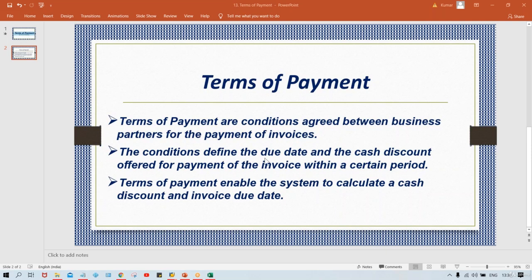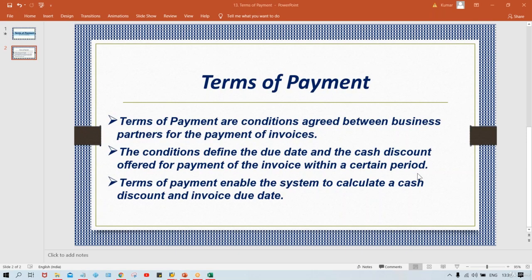Now, the conditions define the due date and the cash discounts offered for payment of the invoices within a certain period. As I told you, the due date is going to be calculated by the terms of payment automatically, even if the vendor is offering discounts. Like the vendor says, okay, terms of payment is 30 days, agreed. But if you make payment in 15 days itself, we will give you a 5% discount.